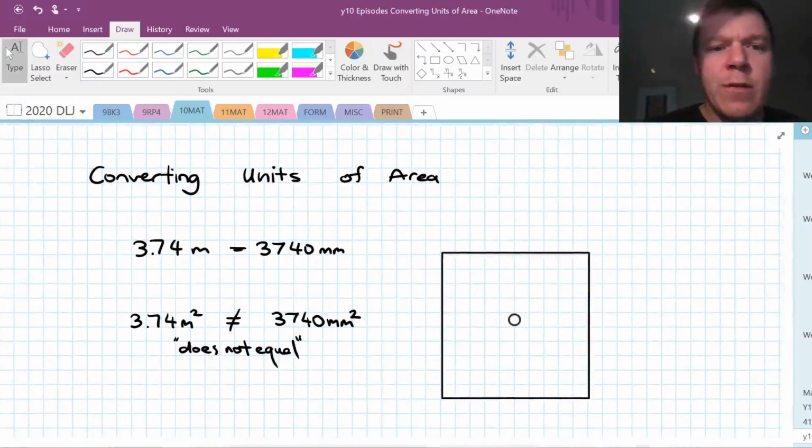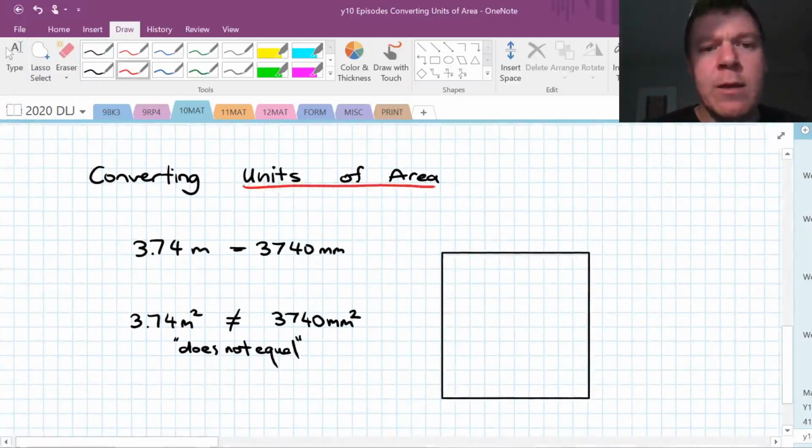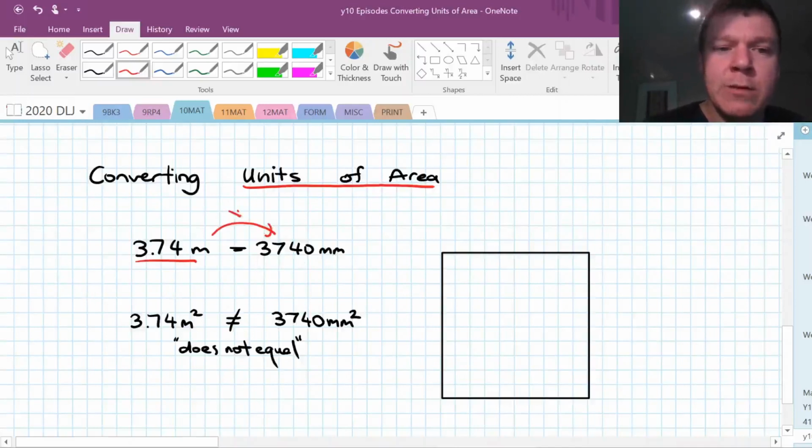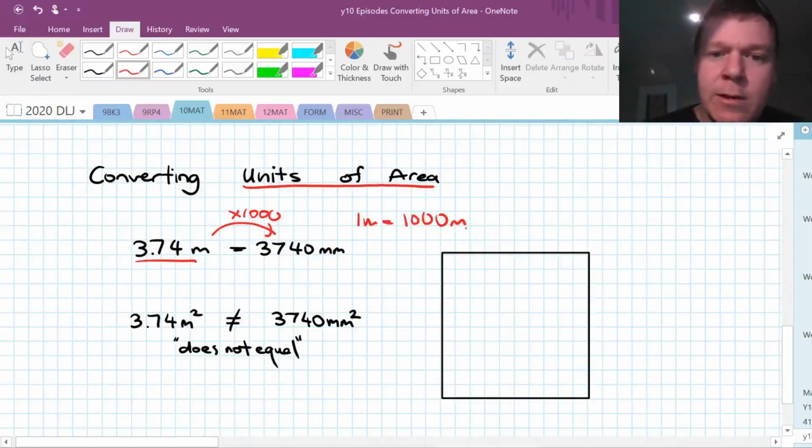Alright, units of area are things that you've got to be careful with when you're converting between different types. And I'll show you why. This 3.74 meters, to get it into millimeters, we would simply just multiply by 1,000, because 1 meter equals 1,000 millimeters.